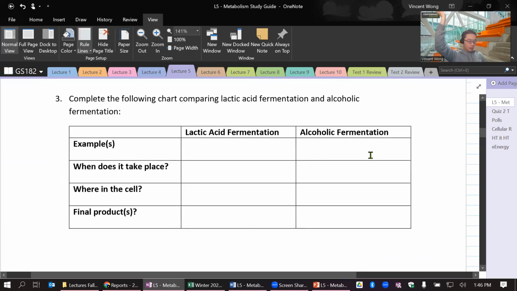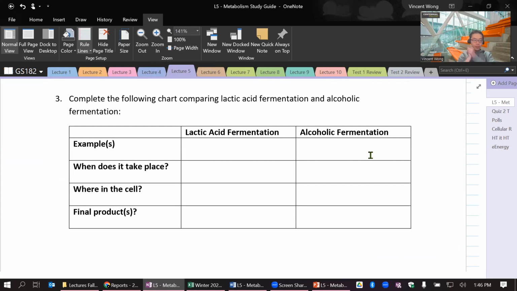So everything that we learned so far, the Krebs cycle, pyruvate oxidation, that happens when we have an adequate supply of oxygen. But sometimes if we don't have enough oxygen, then we switch to fermentation.